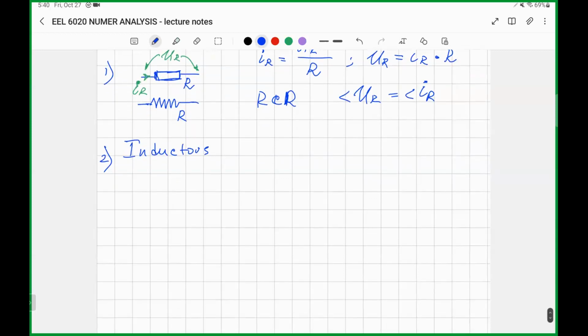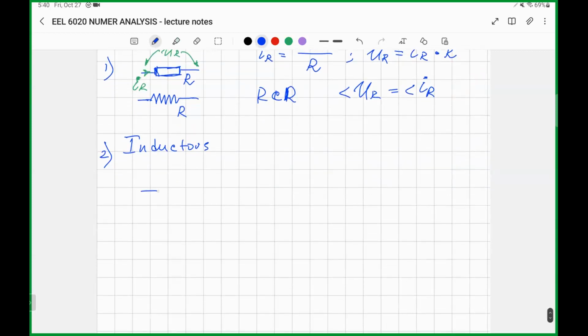Inductors. An inductor is denoted by this wavy line like this. Physically, it's like a small coil, maybe with some core inside. Essentially, it's a coil, denoted by L, inductance.